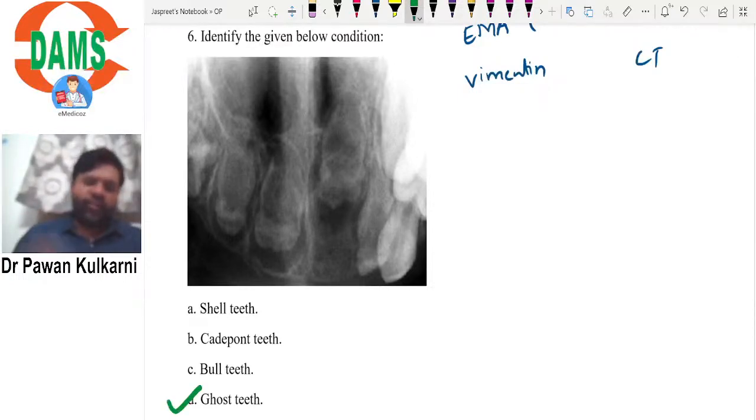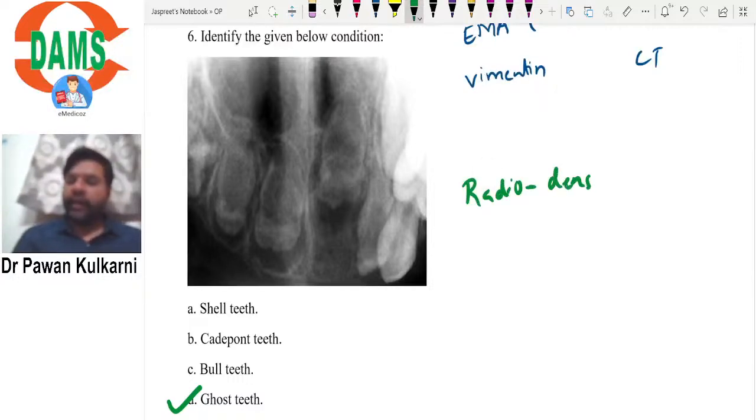This is a feature of ghost teeth. What is ghost teeth? Ghost teeth is regional odontodysplasia, where the radio density of enamel and dentine is the same.